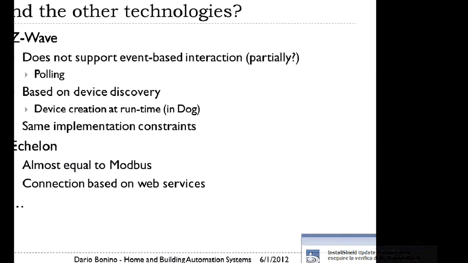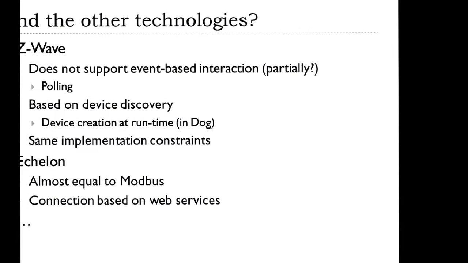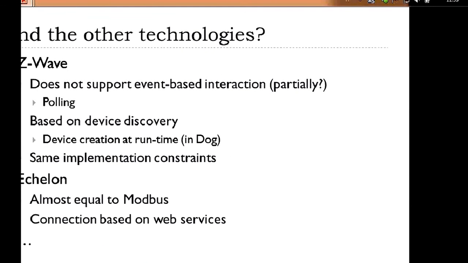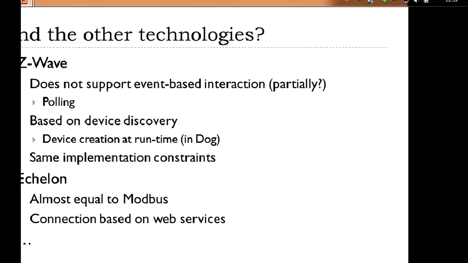Maybe just representing a subset, maybe trying to invent a new device at runtime, and so on. Okay, but this poses a problem on the abstraction. And we have the same implementation constraints of the Modbus, because we need the polling, we need one gateway driver, more than one device driver.